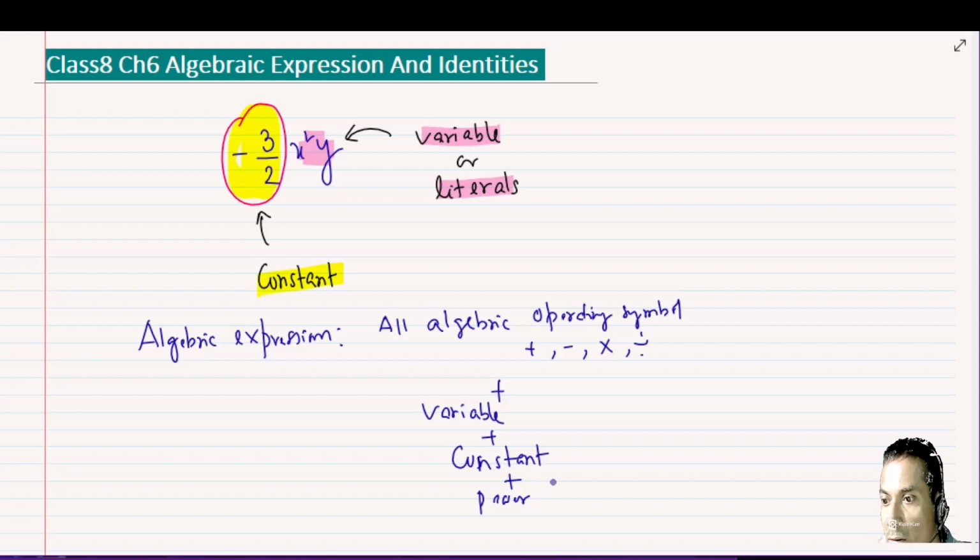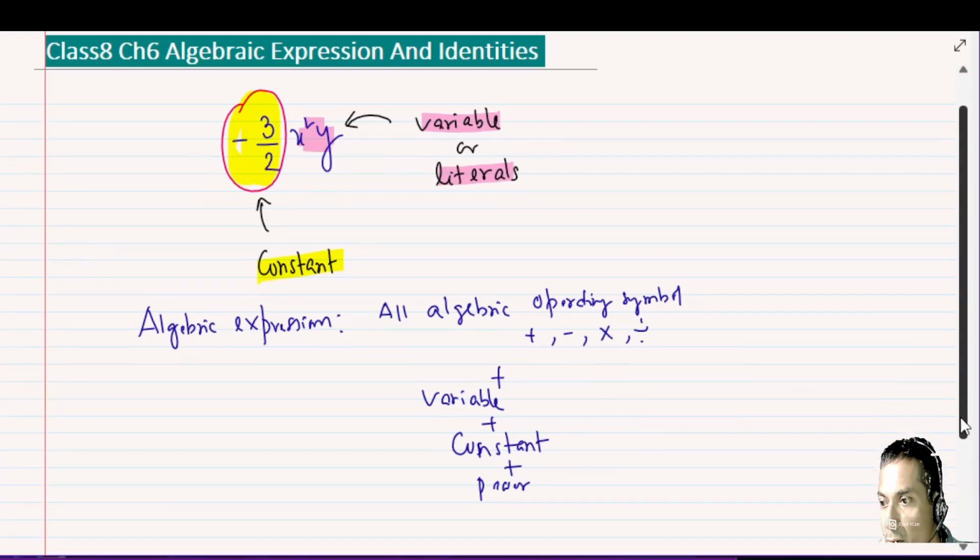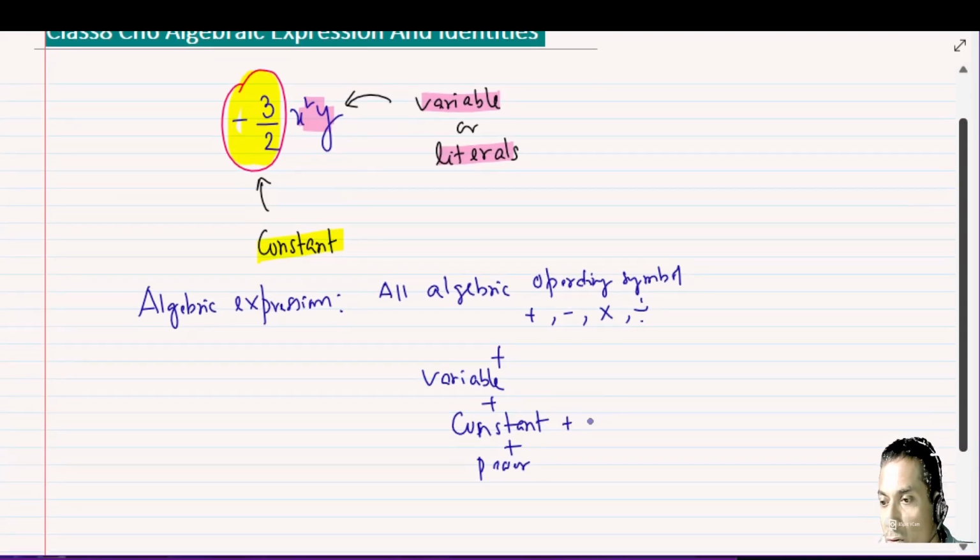And also it consists of the sign. Means constant also consist of the sign, plus or minus. So all these things produce an algebraic expression.